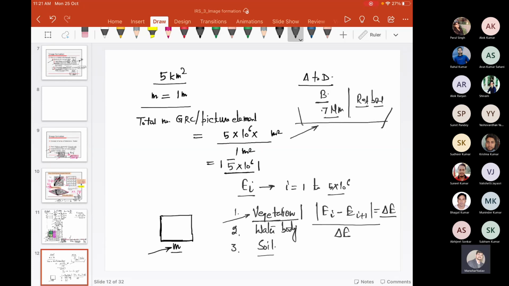Okay, due to that, you may notice the differences in the energy between the different ground resolution cells which are from the vegetation, but due to the intra vegetation changes, the energy component might be different. But if you take the difference, that is not much significant. Okay, so delta E can be very less.